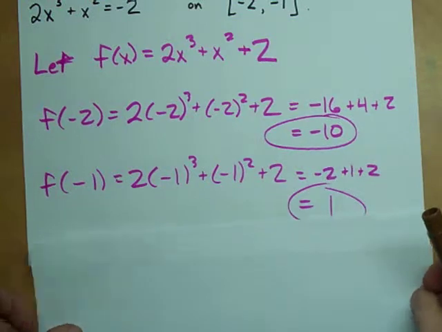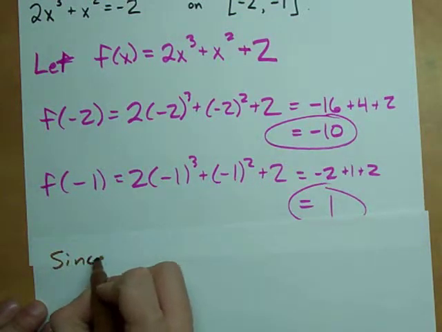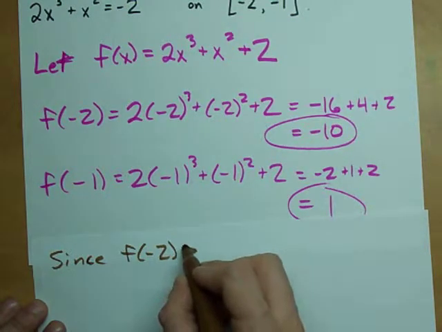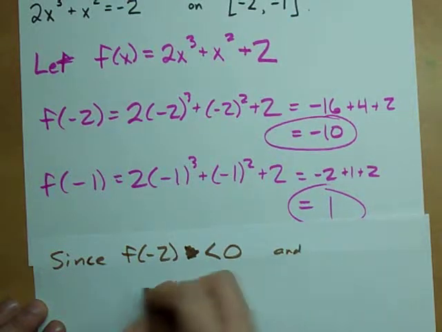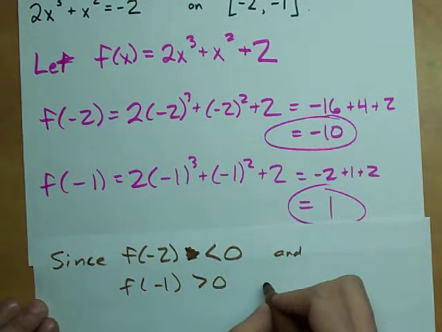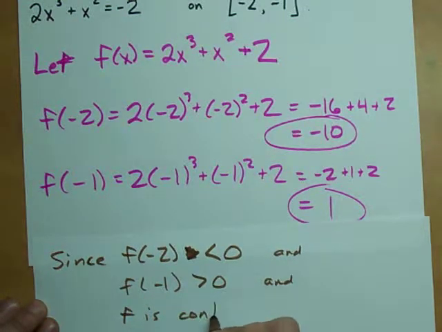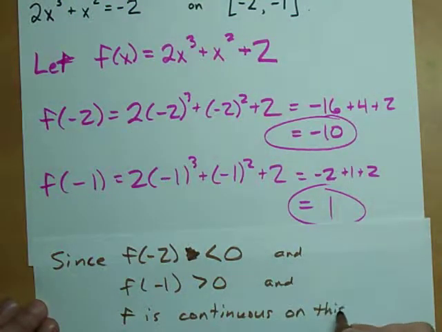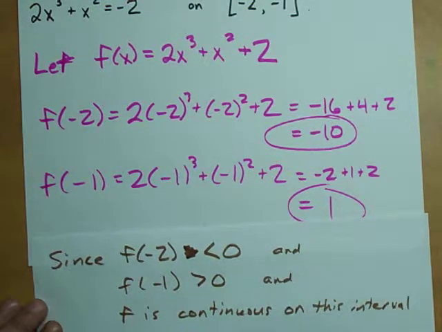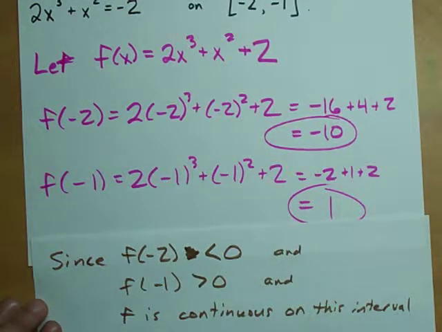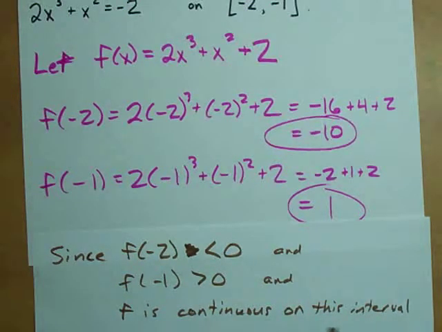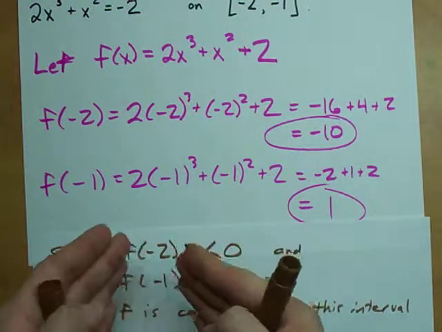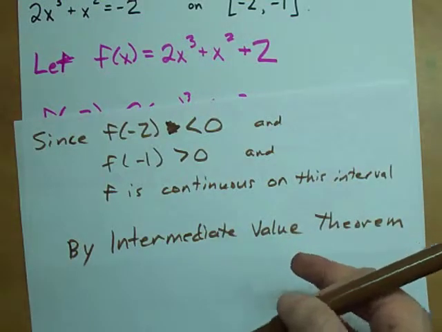What that means is, since f at -2 is less than 0 and f of -1 is greater than 0 and f is continuous on this interval, and you know it's continuous because it's just a regular polynomial, then there's something called the intermediate value theorem, which states that if you have a continuous function that's negative in one place and positive in another, then at some point in between those two, it must be exactly 0.